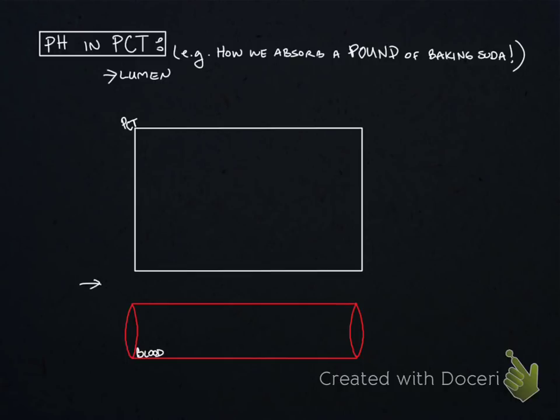So we're talking about bicarbonate, and that's just hanging out in the lumen of the tubule. And we want to reabsorb that and get that into the blood. That's our end goal.